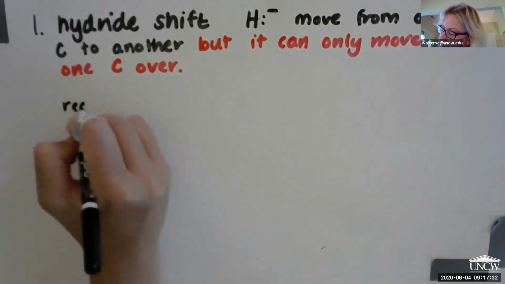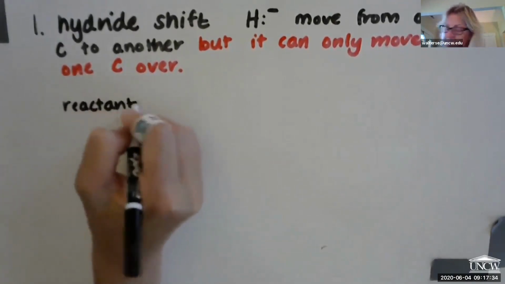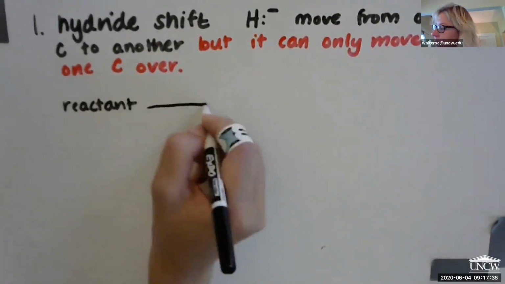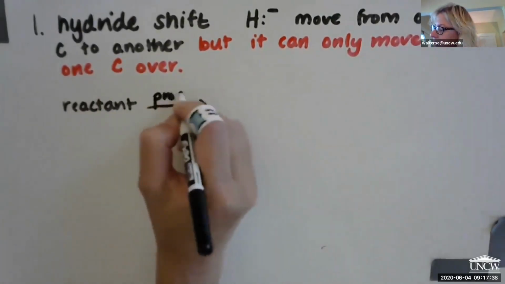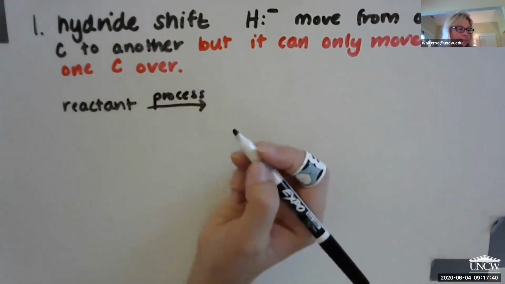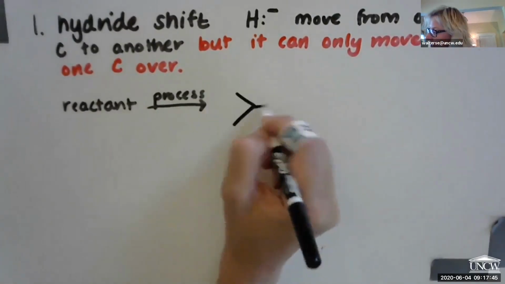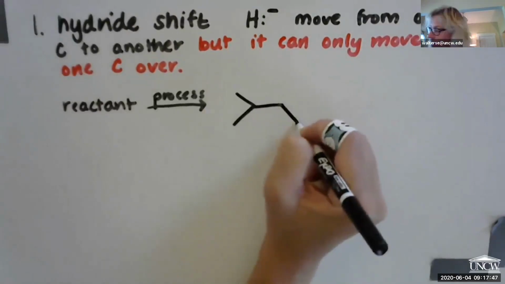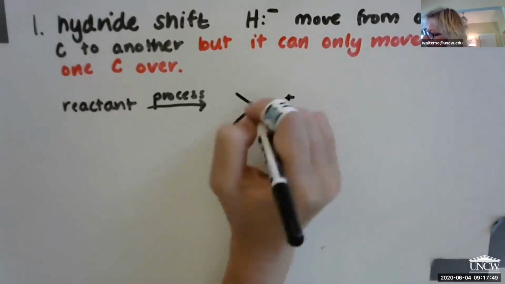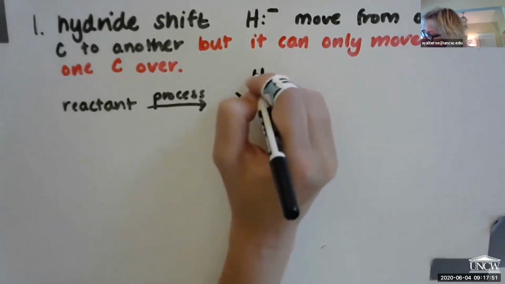So let's say we have a reactant that undergoes a process and we make this carbocation. And I'm just going to draw this hydrogen here for clarity.